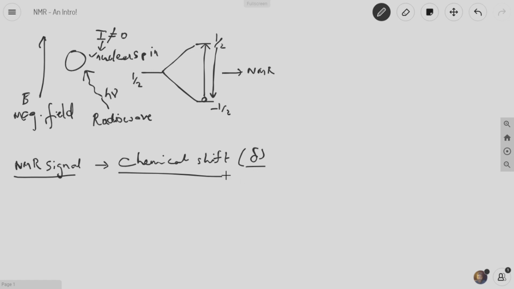The chemical shift values are in comparison with a reference. The general reference we use is TMS, tetramethylsilane, the general reference we use in the case of NMR.